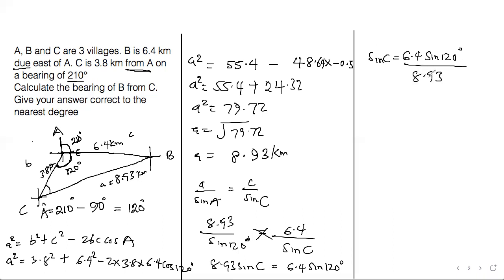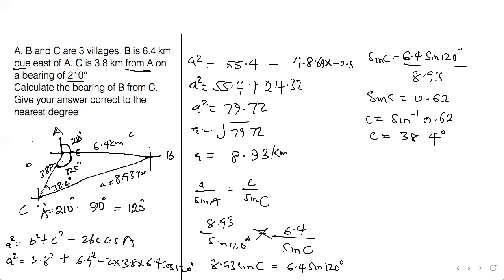That's 0.62. So C will be sine inverse of 0.62, which gives me 38.4 degrees approximately.